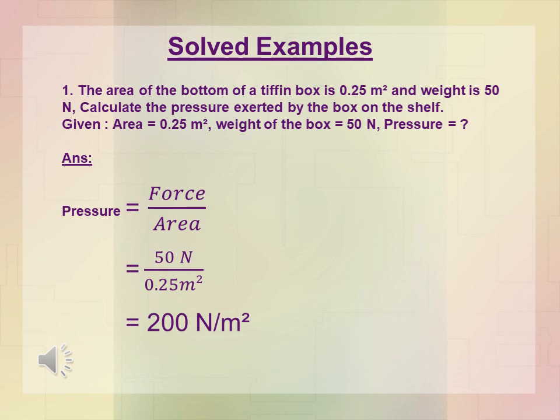Pressure is not given, that will come, question mark. So solution: pressure equals force upon area. Force is equal to the weight, that is 50 Newton, upon area 0.25 meter square. After calculation, the final answer we get is 200 Newton per meter square. So the pressure is 200 Newton per meter square, or you can say 200 pascal.